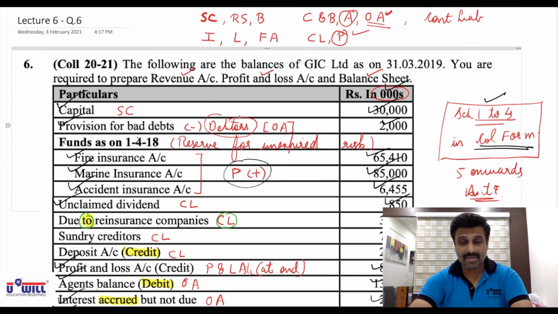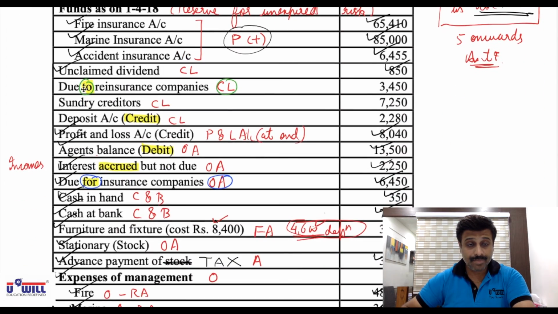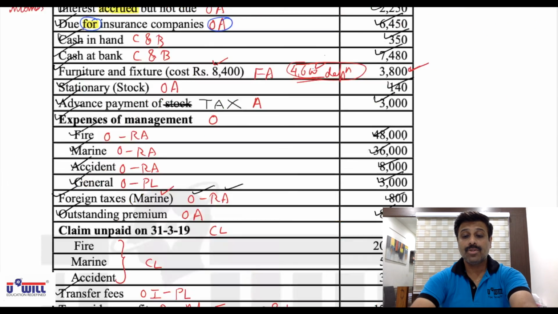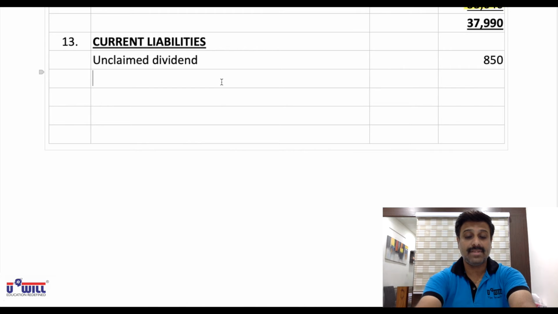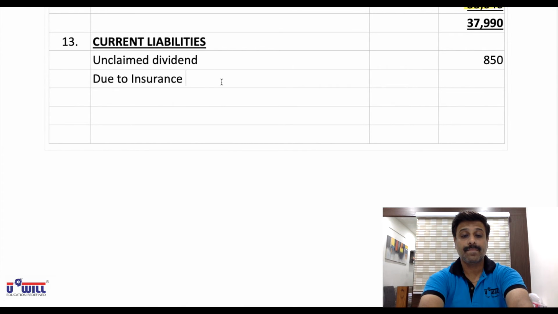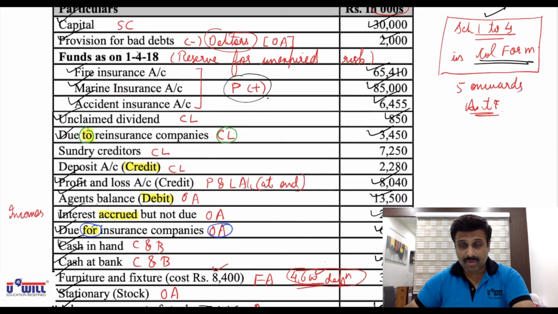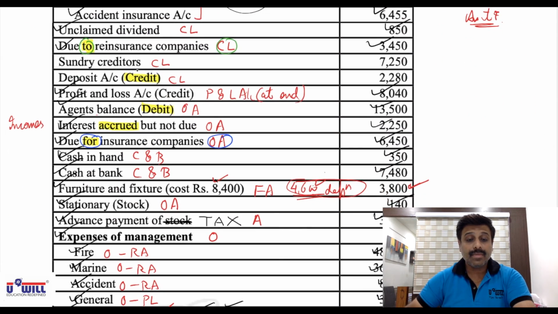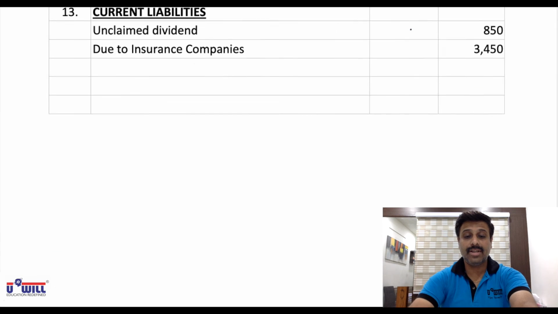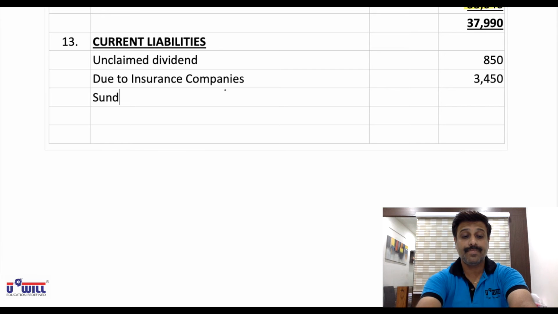Then after unclaimed dividend, we have due to insurance companies 3450, then sundry creditors 7,250.